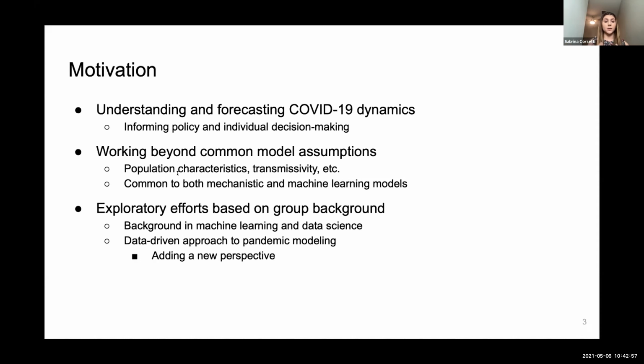And since these assumptions are common to both mechanistic and machine learning models, we wanted to break free of this mold. In addition, we wanted to focus our efforts based on our group's background and strengths. So we specifically had a background in machine learning and data science from a quite different physics perspective. And we wanted to use this to take a data-driven approach to modeling a pandemic, offering somewhat of a new scientific perspective.